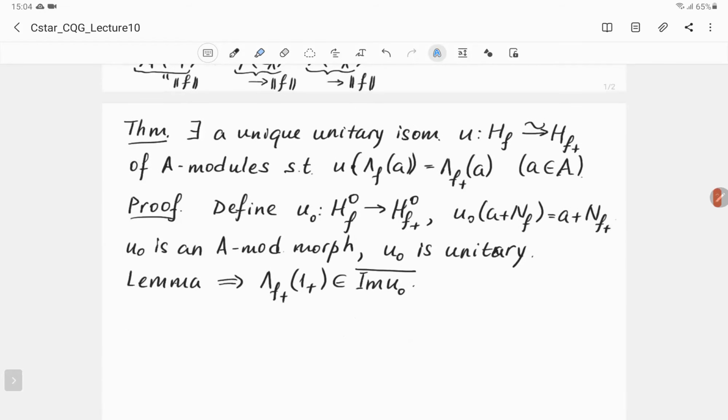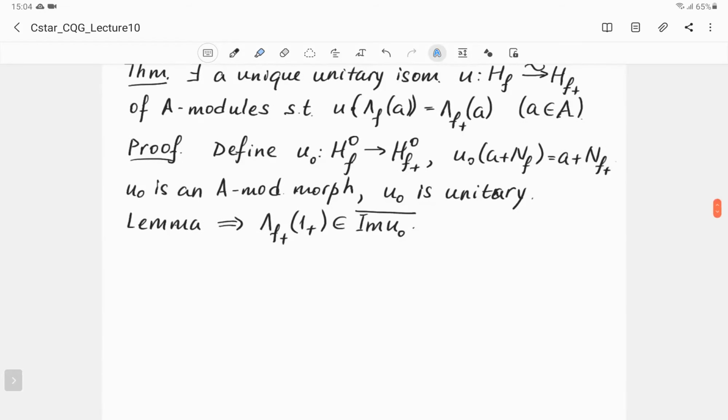So this element sits in the closure of the image of U0. And now let's observe that elements of this form, A plus N_F plus, where A ranges over A, together with this element, span a dense subspace in H_F plus. So this implies that the image of U0 is dense in H_F plus 0.